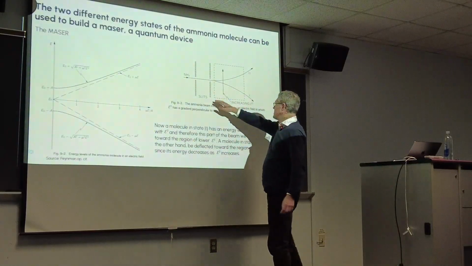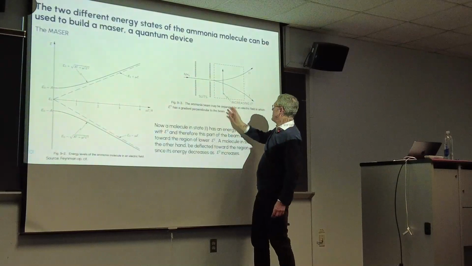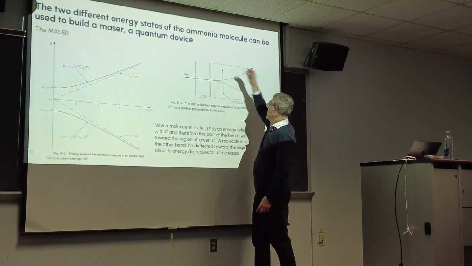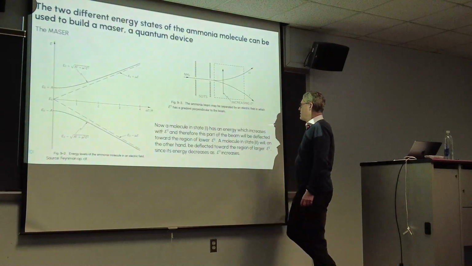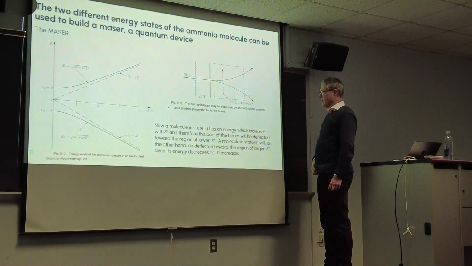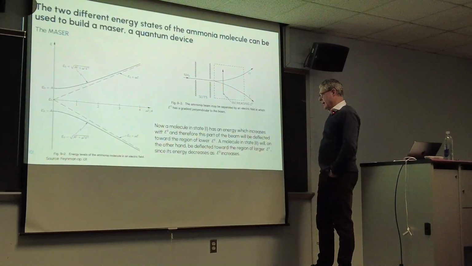And now you see this is the electric field through which it goes. So here the molecules come through a slit, and here there's an increasing electric field, and the two energy levels of the ammonia beam are separated by the electric field in which there's a gradient perpendicular to the beam.